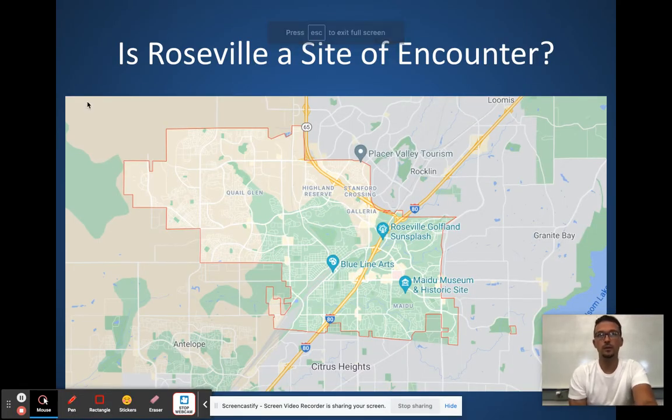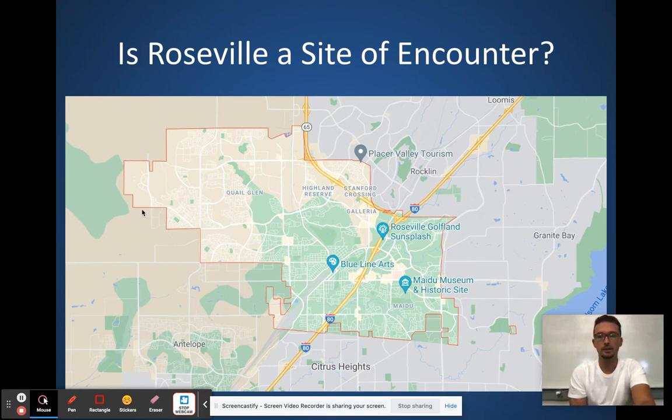If you remember from the lecture from yesterday, we talked about sites of encounter. They're the place or places where interactions or transactions or exchanges of ideas take place. A really good example is the Galleria Mall, right? If the Galleria Mall wasn't there, it would just be a big field full of dirt and weeds.